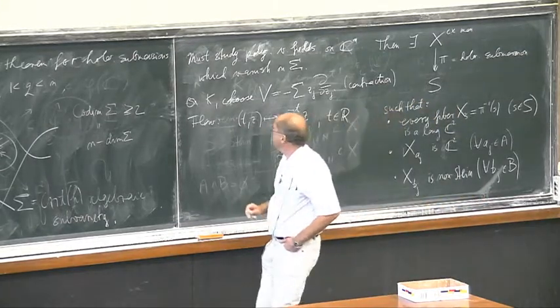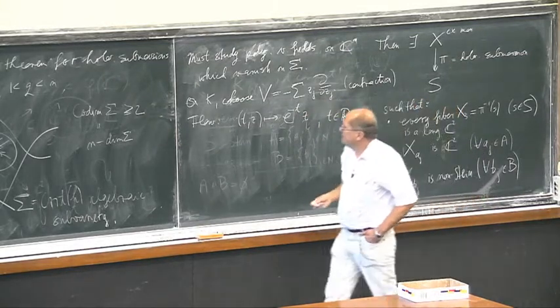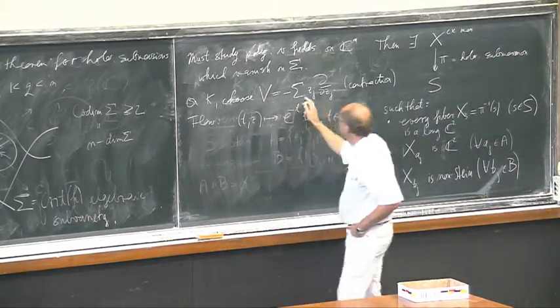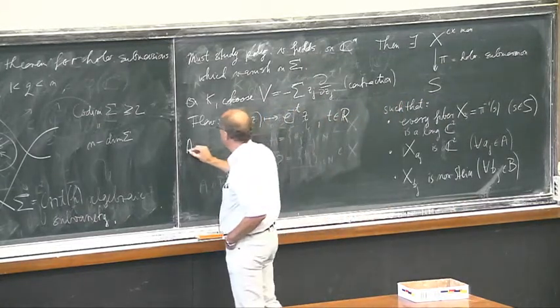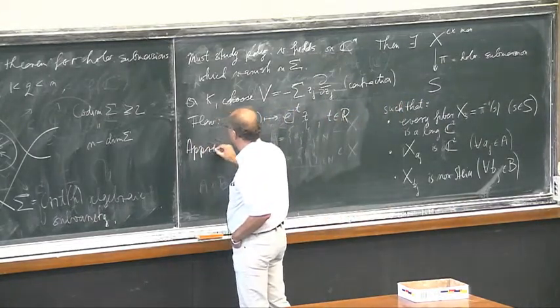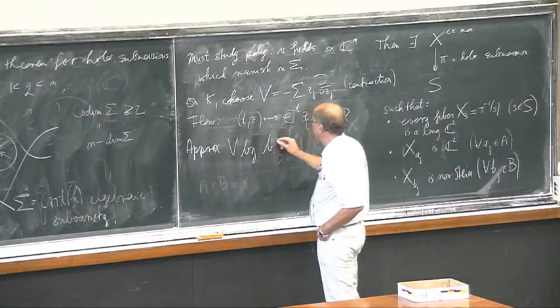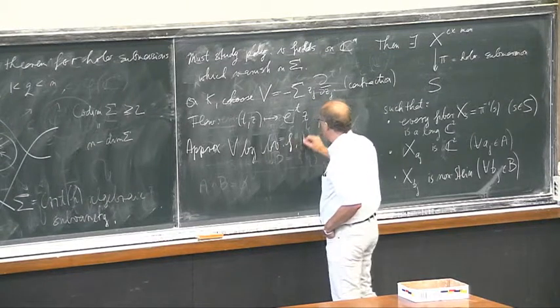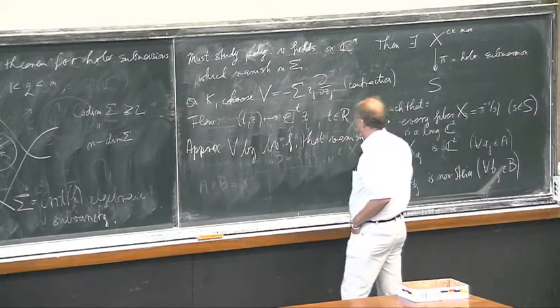But now I'd like to know if I can write this vector field. Of course, I can approximate. So the next step is to approximate v by vector fields that vanish on sigma.